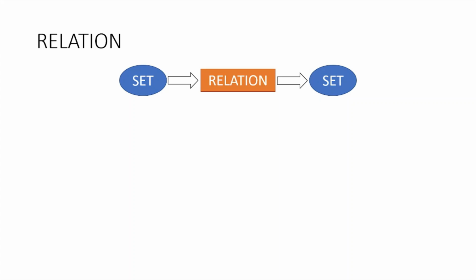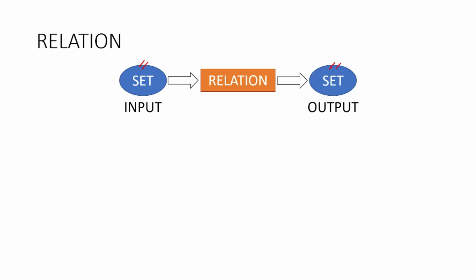So going back to relations, they show how the elements in the first set, we call this set the input set, are related to or connected with the elements in the second set, which we call the output set. Okay, let's call the elements values.